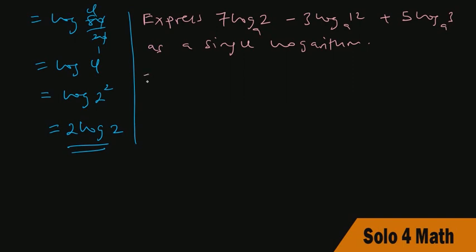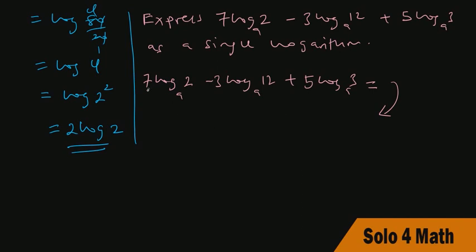So we have 7 log 2 base A minus 3 log 12 base A plus 5 log 3 base A. This would be equal to, I don't have enough space here, let me write it on this side.